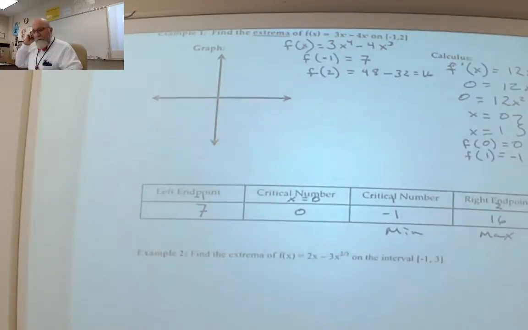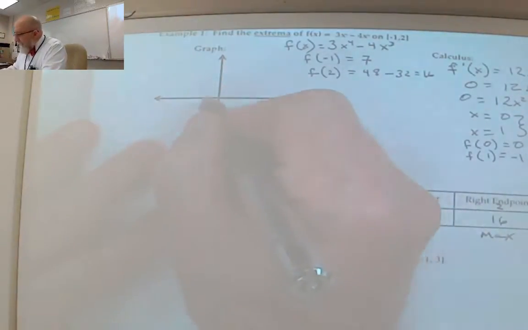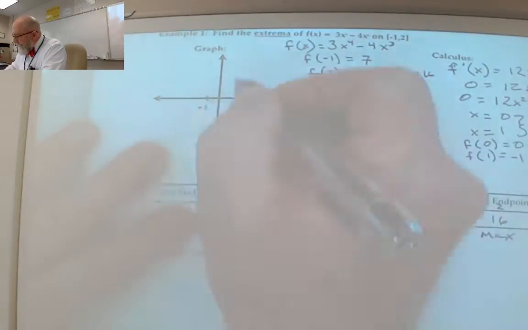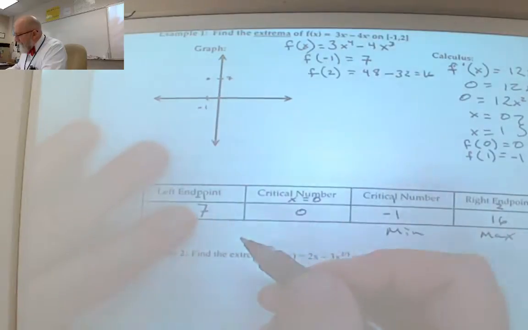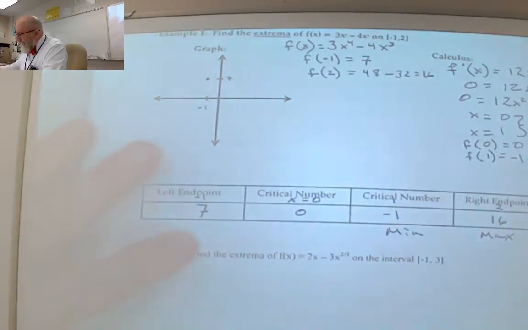So I'm going to graph this. What is this number? -1. Right here is going to be 7. I have that point. I have 0.